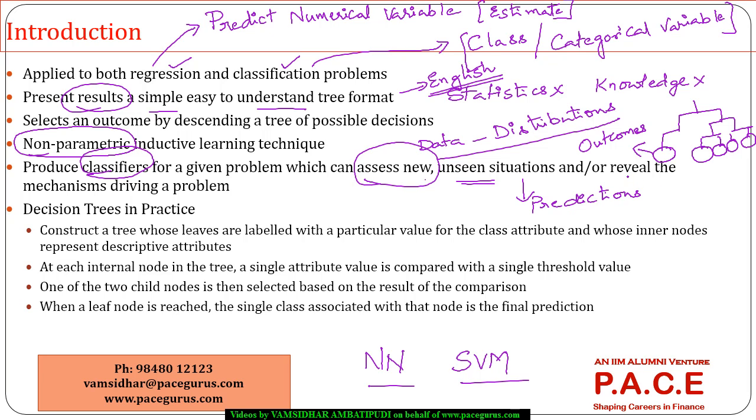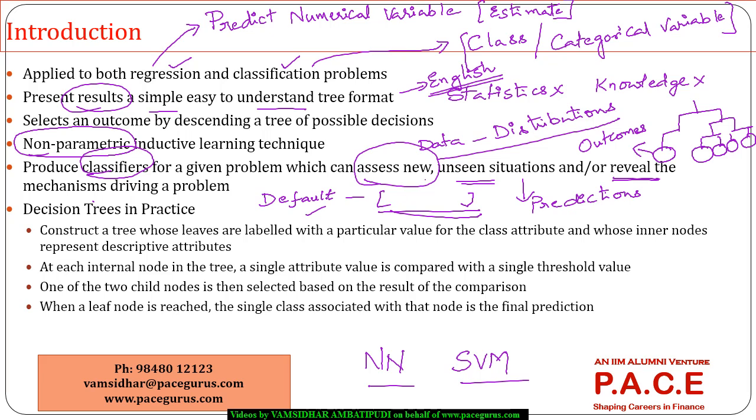Then the second thing is, I could also try to identify what are the mechanisms that are driving a problem. So if I am in the process of understanding the default behavior of people on loans, given the characteristics of a new loan applicant, I should be able to assess whether he would be defaulting on the loan or not.